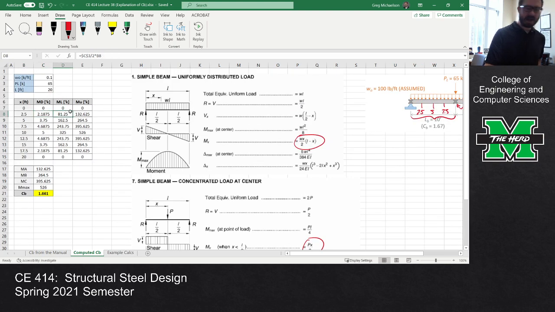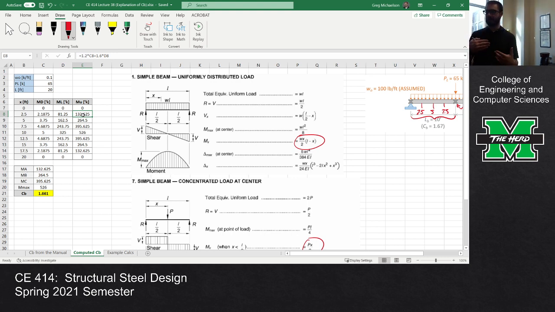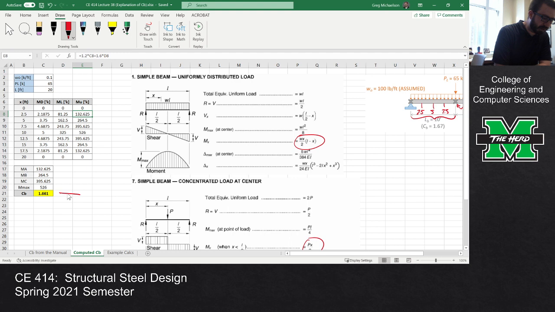Once I've got the dead load moment and the live load moment, I factor them row by row, 1.2 dead plus 1.6 live, and now I've got my terms for CB. I've got my MA, my MB, my MC, and my M max. Now, once you take a look at these, you look at your CB value.